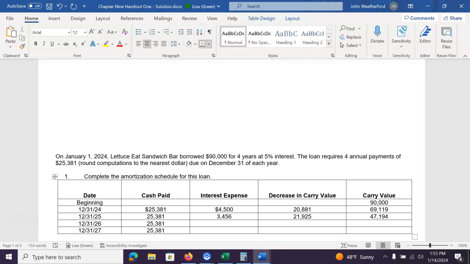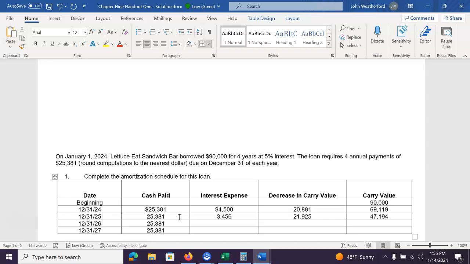You guys notice here, as we go along and the carrying value decreases, the interest expense portion of the payment also decreases. So, in early years of a loan, especially on a 30-year mortgage, very little of your monthly payment goes toward reducing the balance, and almost all of it is interest expense to your mortgage holder.